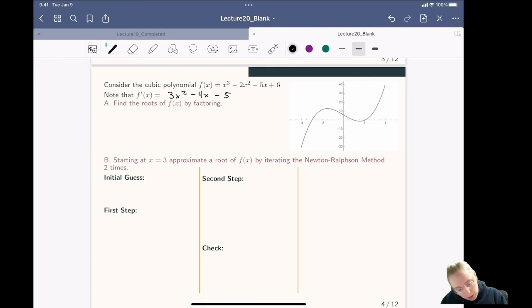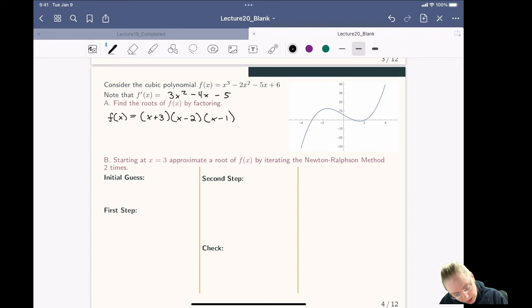If you need to pause the video to figure out what that derivative is, please do so. Well, it turns out that this is a special cubic polynomial that we can actually factor. So we can actually find the exact roots. We'll then use the Newton-Raphson method to see how good we do. All right, so let's find the actual roots. We could factor this polynomial to be x plus 3, x minus 2, and x minus 1.